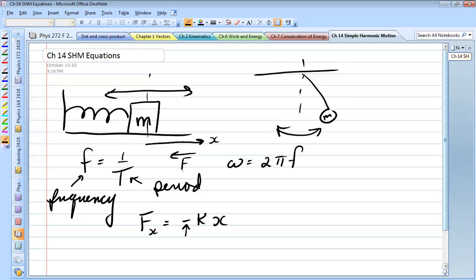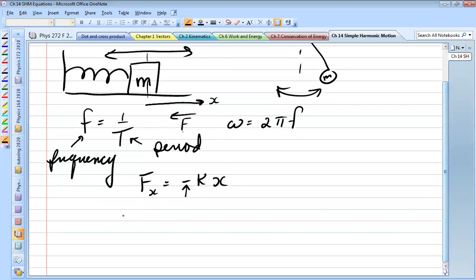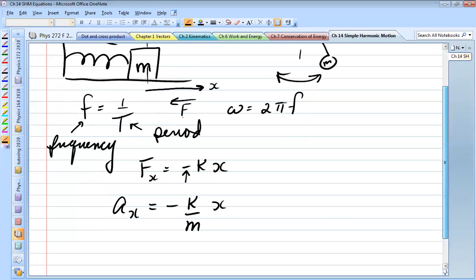Okay, the next equation on your formula sheet has to do with the acceleration. So remember, when this mass goes back and forth, it's not going at uniform speed. It's slowing down, stopping, turning around, speeding up, then slowing down, turning around, speeding up. So the velocity is not constant, it changes direction and magnitude, which means there is an acceleration, which is related to the springiness of the spring.